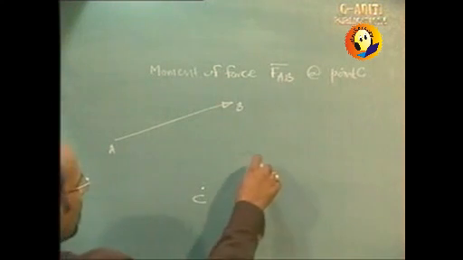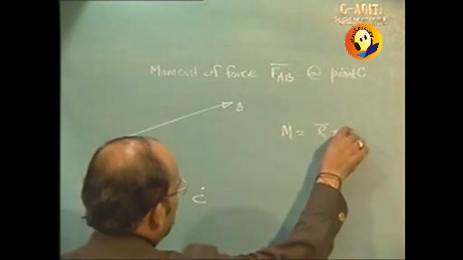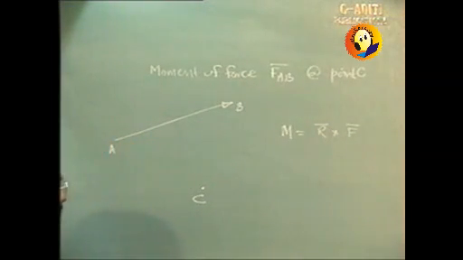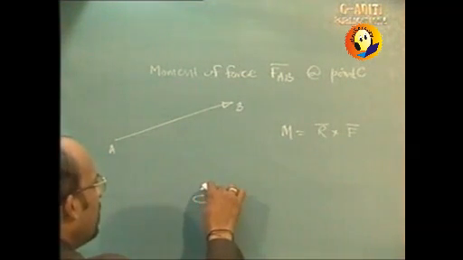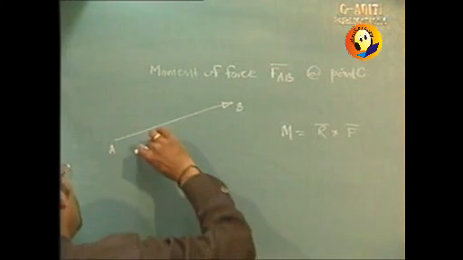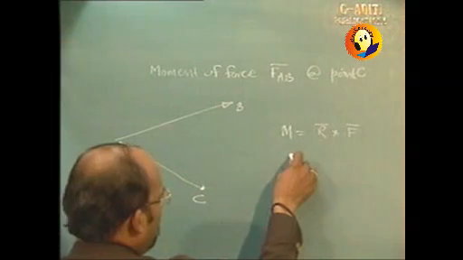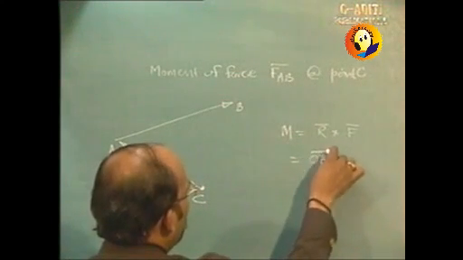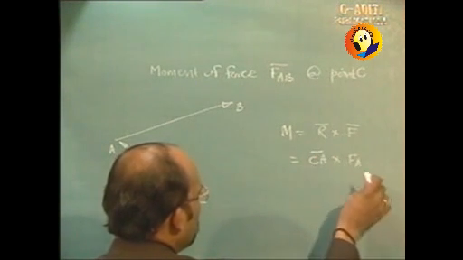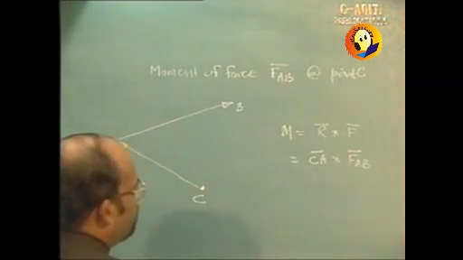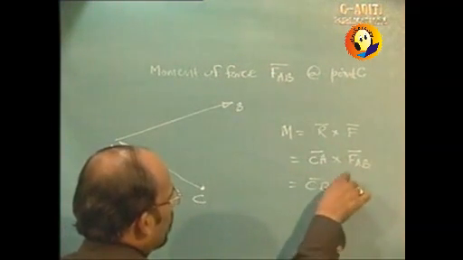Then remember that this moment will be written as R bar cross F bar, and for R bar, from the point about which we want to take the moment, draw a vector to any point on the force, either point A or point B or any point for that matter. So in this case it will be CA bar cross FAB bar, or this can also be equal to CB bar cross FAB bar.